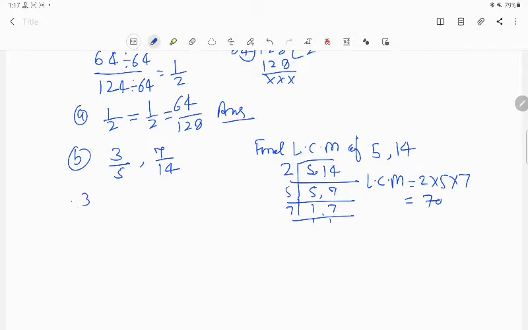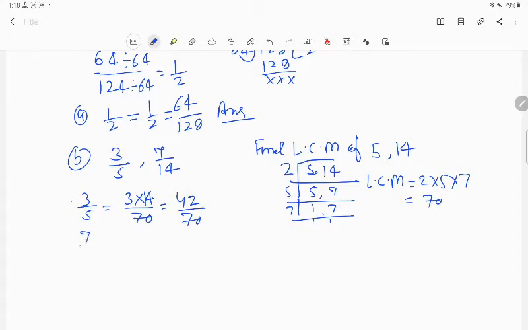So 3 by 5 is equal to something over 70, and then divide 70 by 5, you get 14. 3 into 14 is 42 by 70. So 3 by 5 converted into the like fraction whose denominator is 70 is 42 by 70.